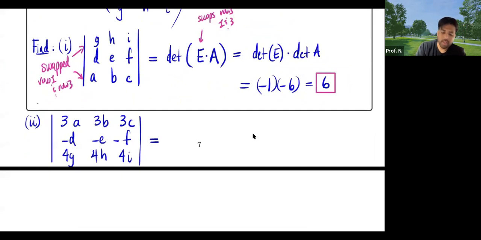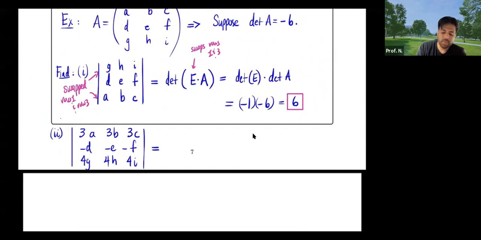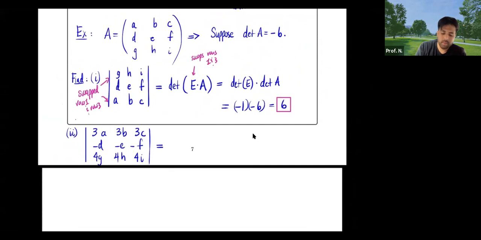So compare with the original matrix. The first row, A, B, C, has a 3 multiplied in it, correct? The second row has a -1 multiplied in each entry, and the last row has a 4 multiplied in each entry. So what did I really apply here? What elementary row operation did I apply?